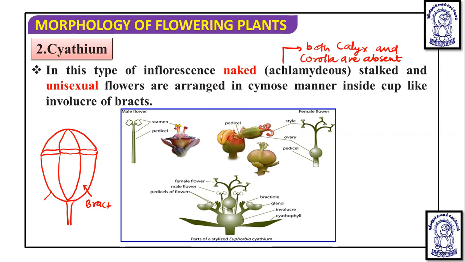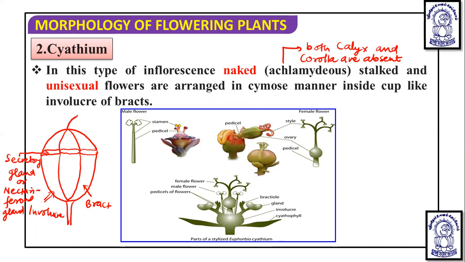So this whole involucre is present. On this involucre, you will see these particular glands that are known as nectaries or nectariferous glands. The margins of this cup-shaped structure have secretory glands, which secrete nectar.